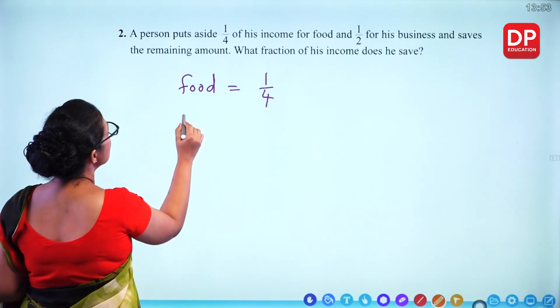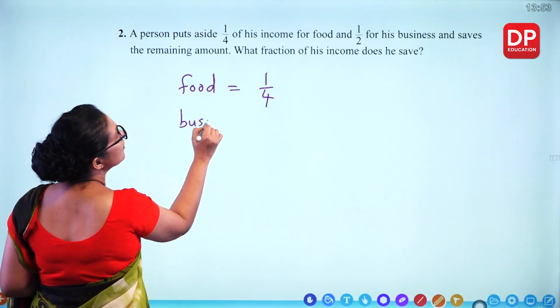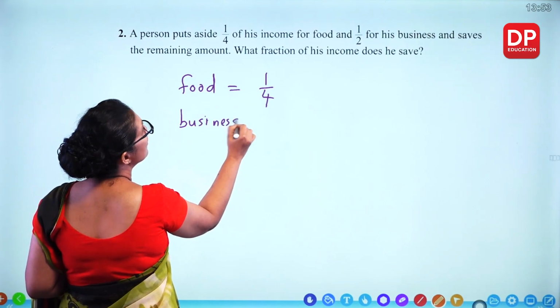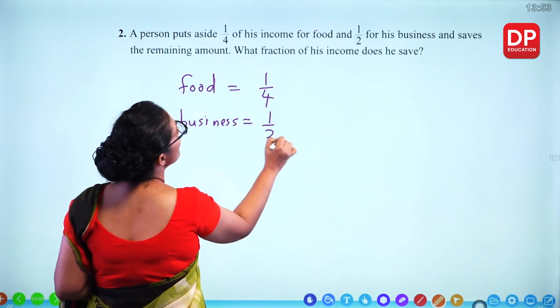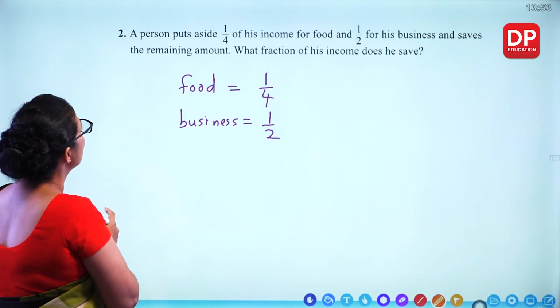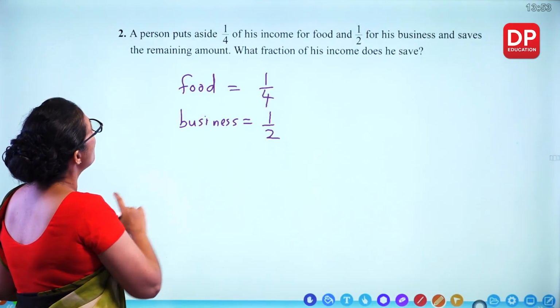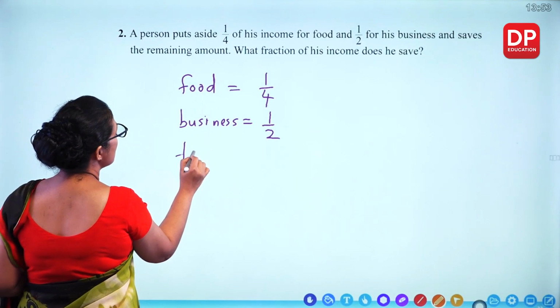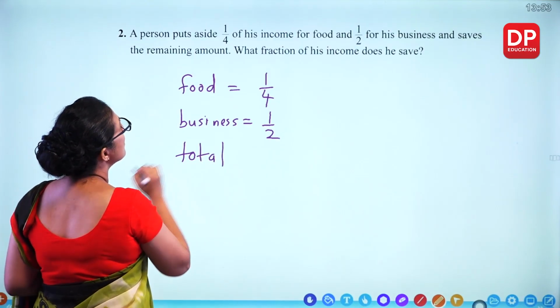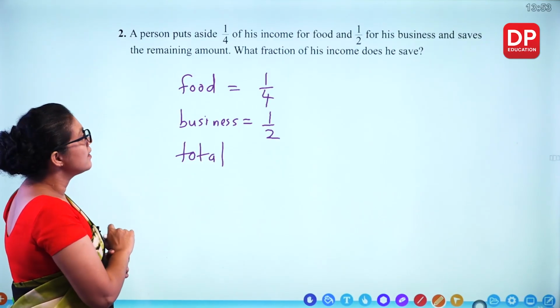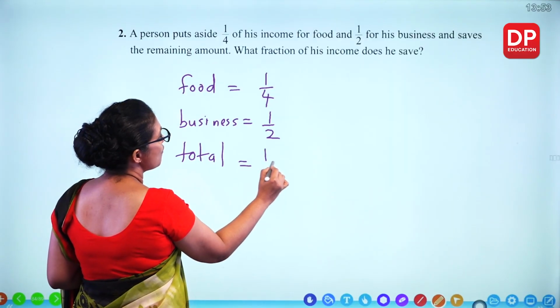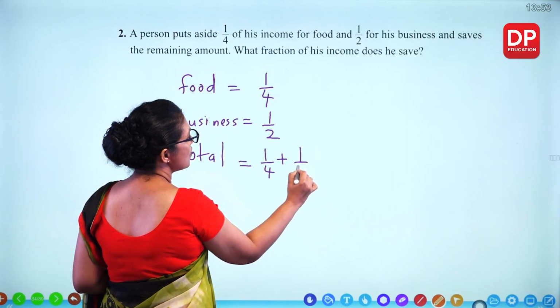For business, that's half of the income. So what's the total for food and business? 1/4 plus half.